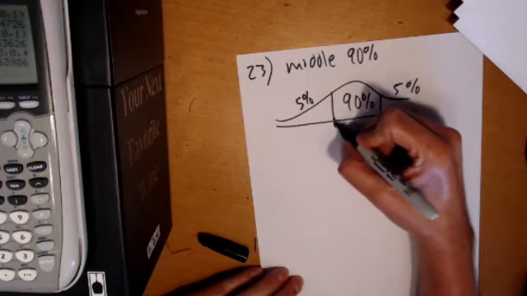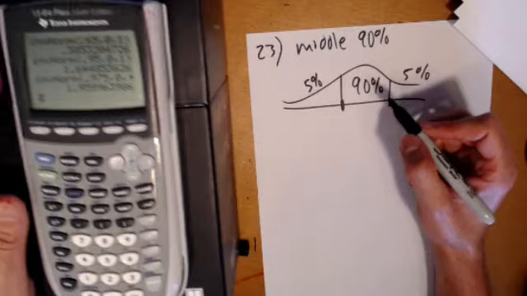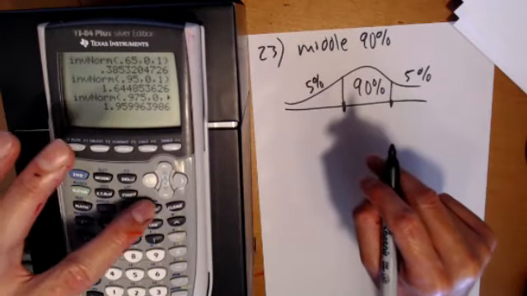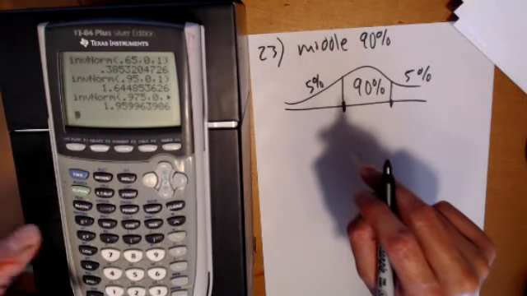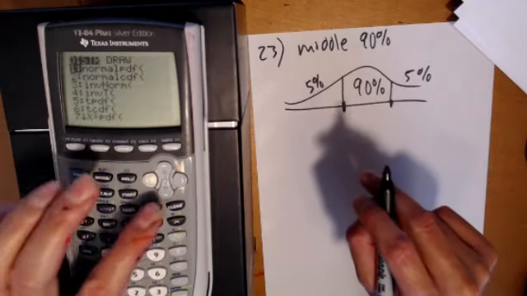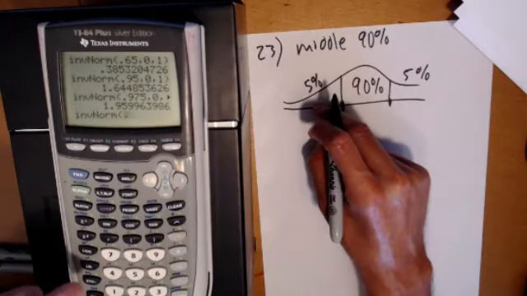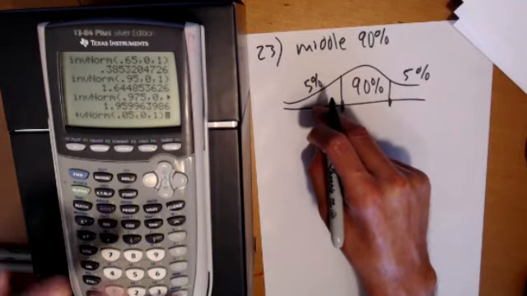We're trying to find the z that corresponds to the 5% on the left. Remember, a calculator can handle left tails. So distribution, inverse norm. Let's put 0.05, 5%, comma, 0, comma, 1.